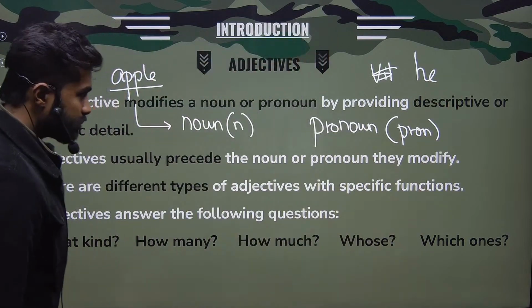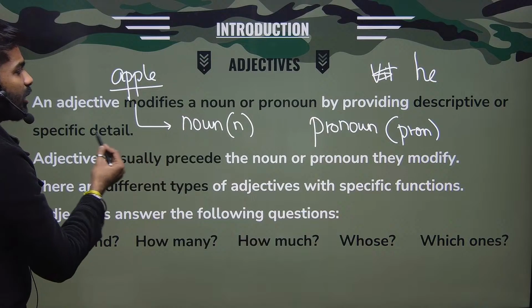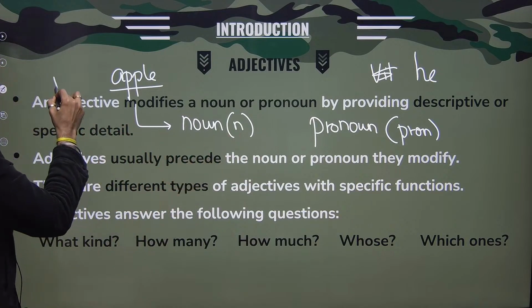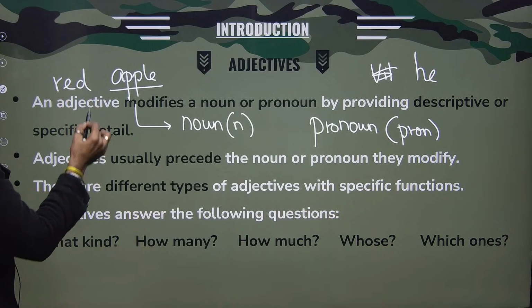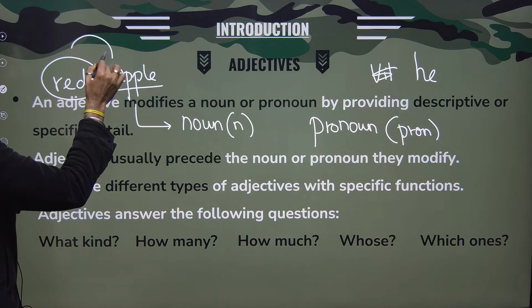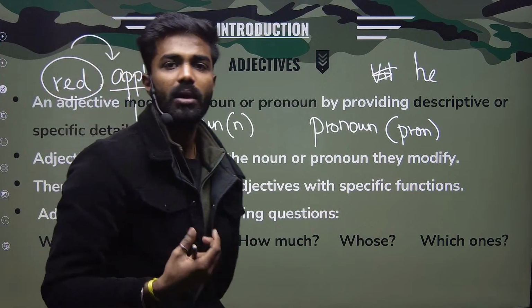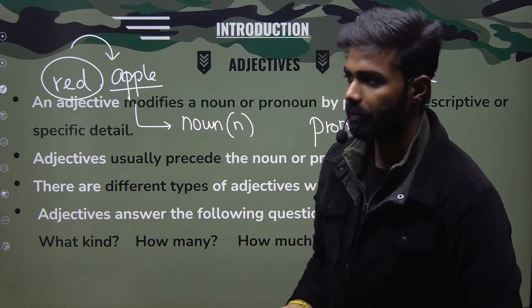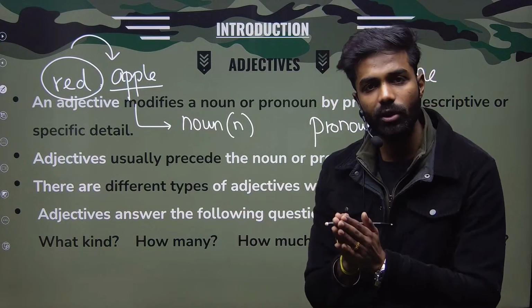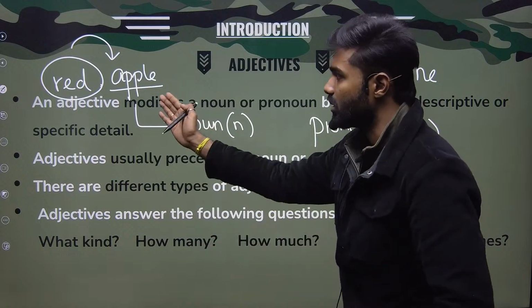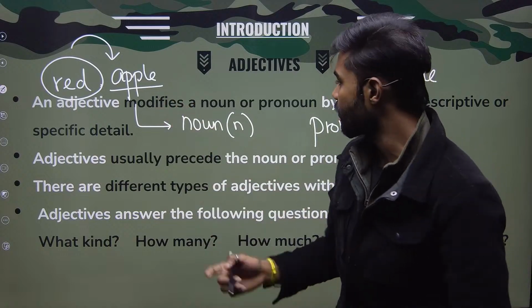All right, see how these adjectives are going to modify my noun and pronoun. If I am giving an extra detail, red apple, see, red is modifying the quality of this apple, or it is giving a description about this apple, right? So whenever you give additional information to my noun, then it automatically becomes my adjective.